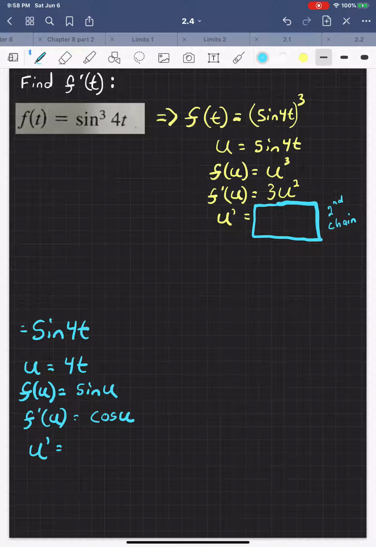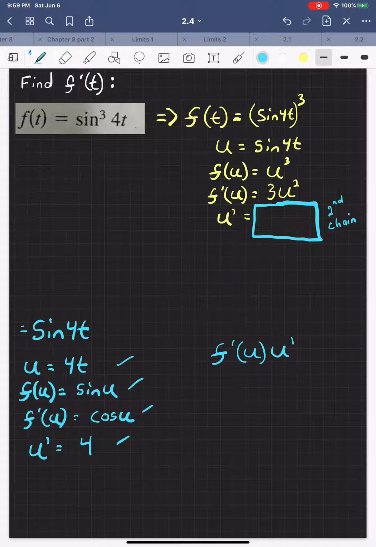And the derivative of 4t with respect to t is 4. All right, so I have all 4 of my pieces. So that means I can go ahead and use that formula for the chain rule.